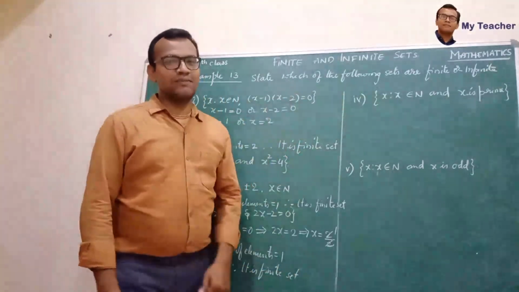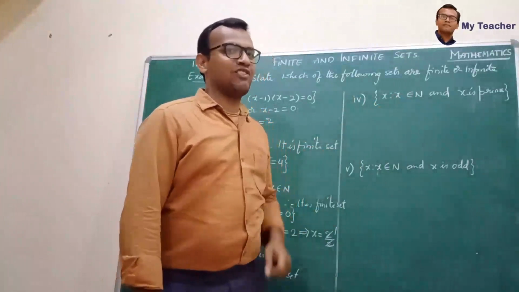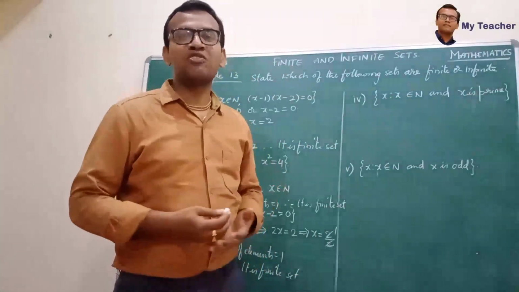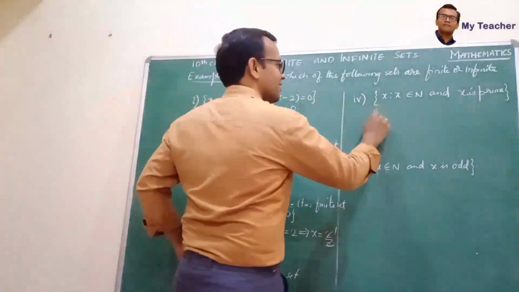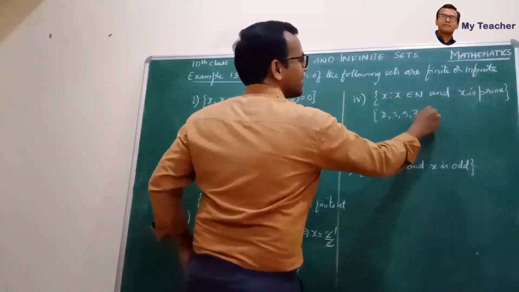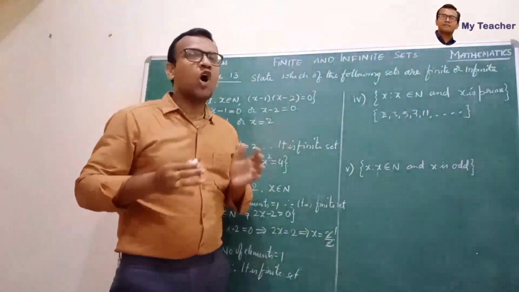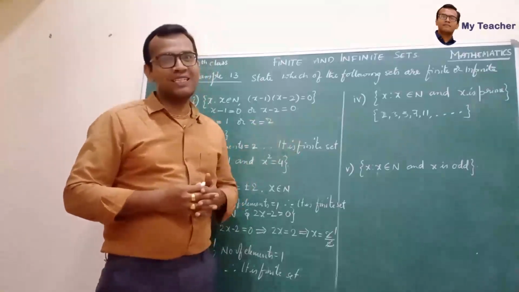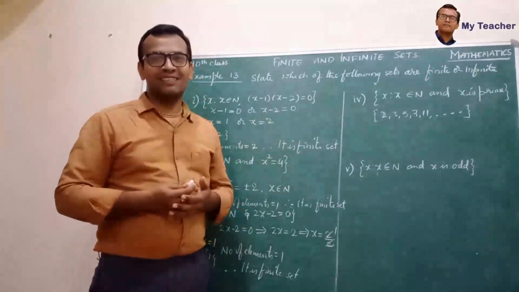Let's see the fourth one. Set of x such that x belongs to N, means x is a natural number and x is prime. So prime natural numbers. What are prime natural numbers, children? 2, 3, 5, 7, 11, and so on. Can you find how many elements are there in this? No. There is no finite number of elements present, means the primes are infinitely many.